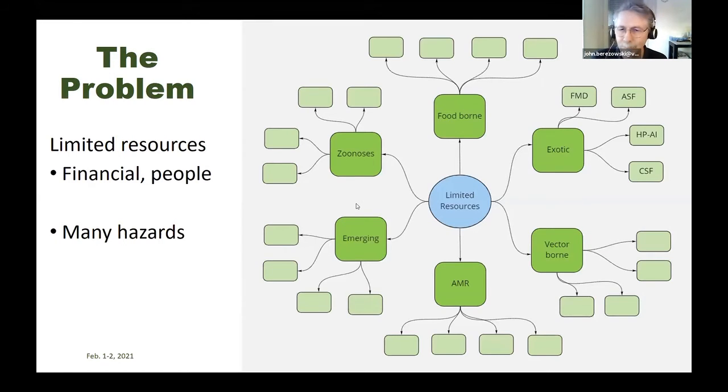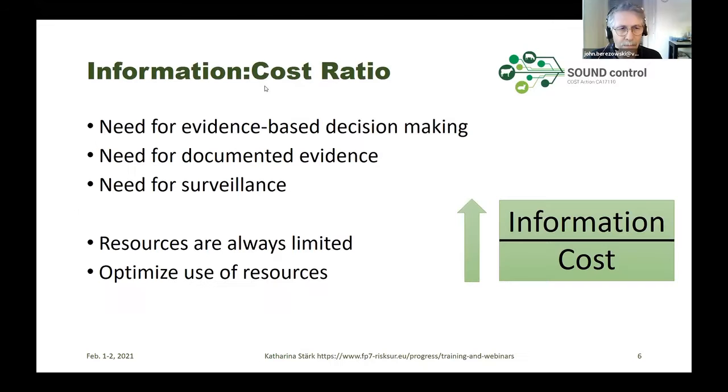So the problem is I didn't get to fill out this chart. The problem is we all have limited resources. There's never enough resources in animal health surveillance in terms of finances, people, infrastructure, and there are many, many hazards. And it's difficult to choose which ones to do and where to allocate our resources when it comes to surveillance.